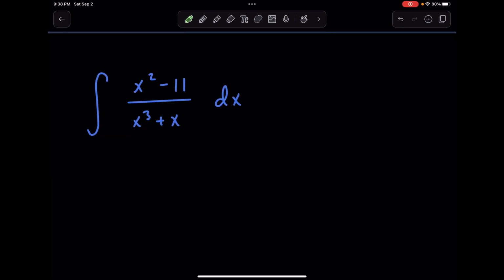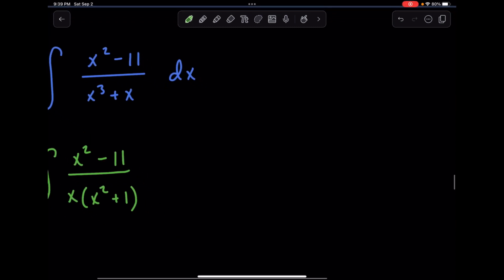Alright, so our first example here is the integral of x squared minus 11 over x cubed plus x dx. So our first step is going to be to split the fraction. But in order to do that, we need to fully factor our denominator, so that our denominator can turn into x times x squared plus 1. Now we can do our split.